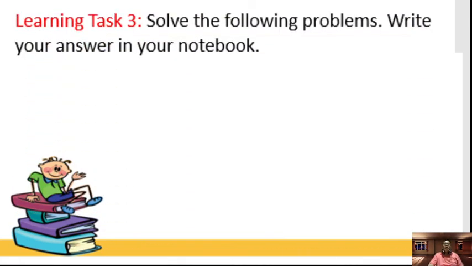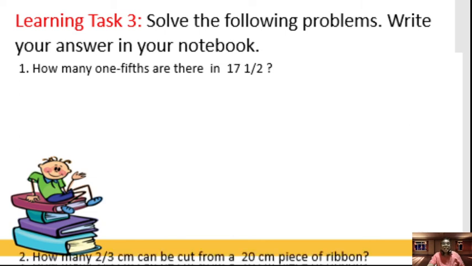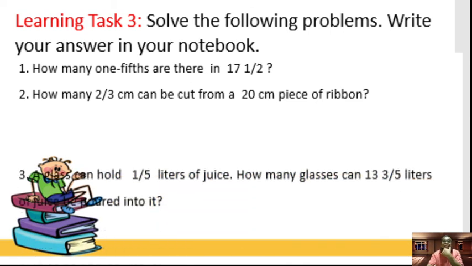And for your learning task 3, solve the following problems. Then write your answer in your notebook. How many 1/5 are there in 17 and a half? How many 2/3 centimeter can be cut from a 20 centimeter piece of ribbon?